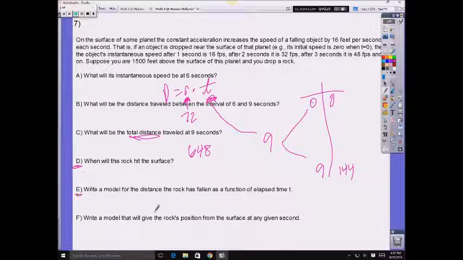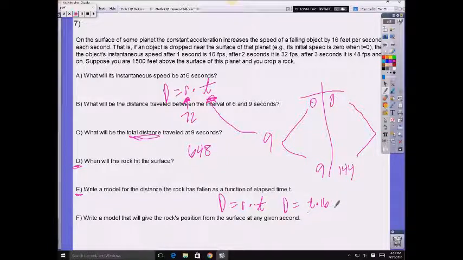Okay, let's skip D for a second. Let's go to E. Write a model for the distance the rock has fallen. The distance equals rate times time. What you do is you take the time and times it by 16, and then you have to average it with 0.